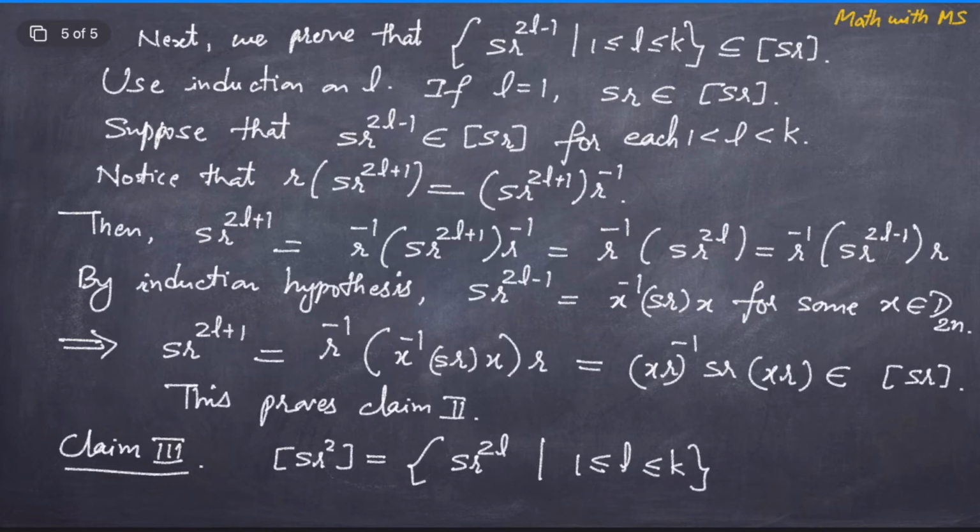Thus, if n is even, we have computed all the conjugacy classes in the dihedral group D2n, and our direct count tells that there are precisely k plus 3 conjugacy classes in D2n when n is even. So, this proves the first part of the theorem. The second part of the theorem is analogous and is left as an exercise.